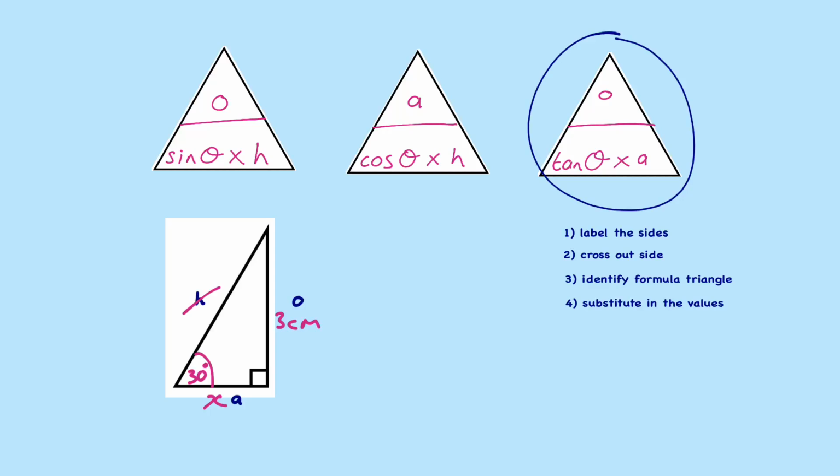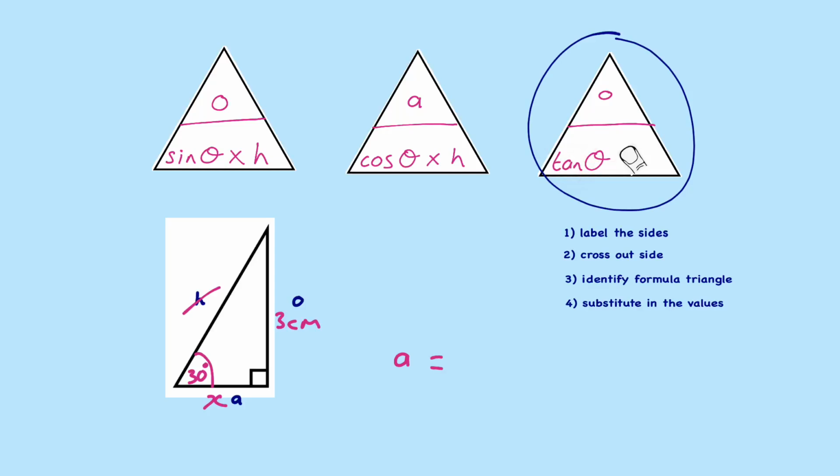And then the last step is to substitute in the values. So we're trying to find A. So we will cover up A in the triangle. Let's cover this up. And in this one we have O. Don't forget this means divide by tan of the angle.